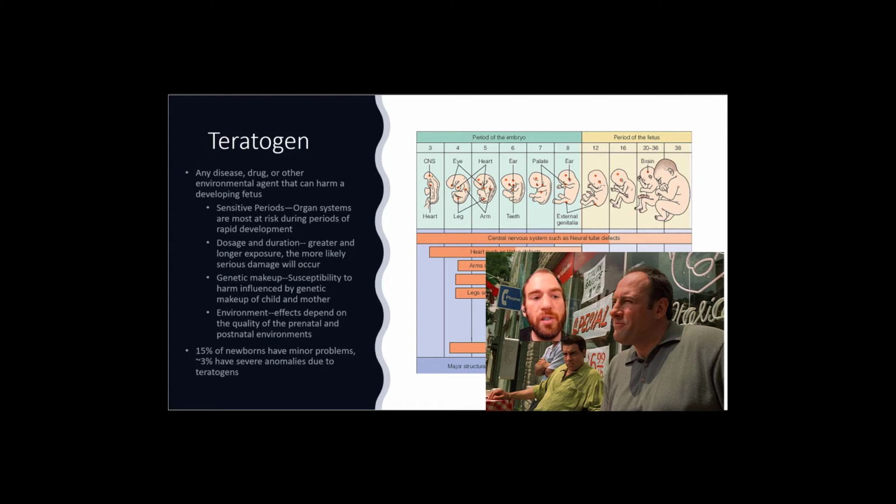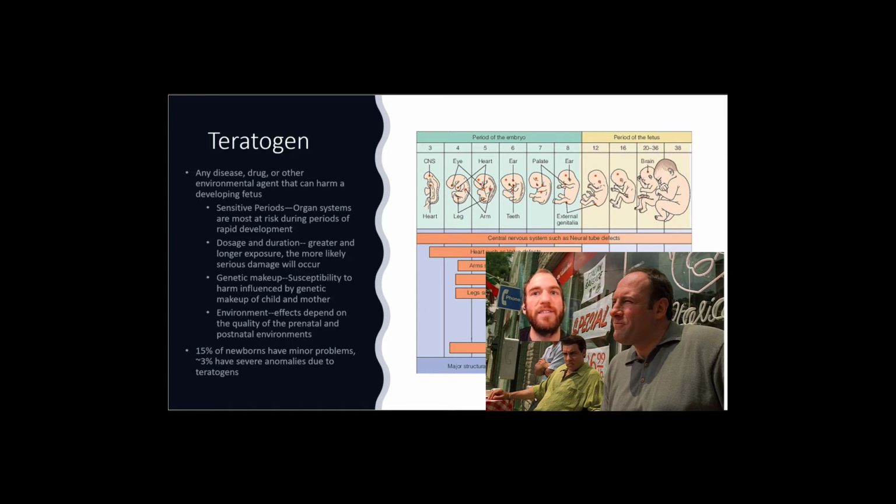Dosage and duration: the greater and longer the exposure, the more likely serious damage will occur. So if a mother is super stressed out and, whatever, all of a sudden a civil war breaks out during the 4th week of pregnancy, and it's very severe and very chronic, a developing fetus in this example, just based on this chart, would be at higher risk of having vision impairments throughout their life.